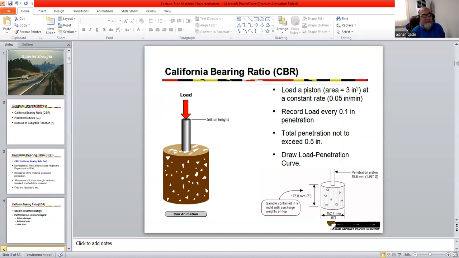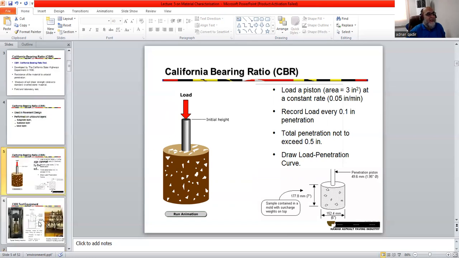Once you finish the test, you draw the load penetration curve. In the picture you can see the sample prepared, and this is the load that is being applied.